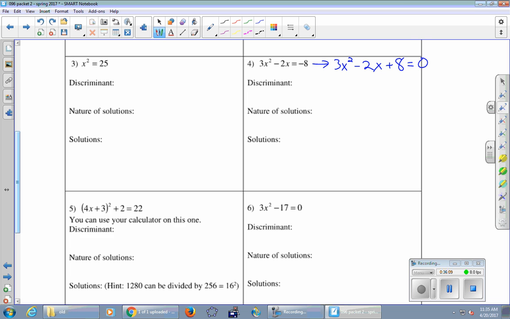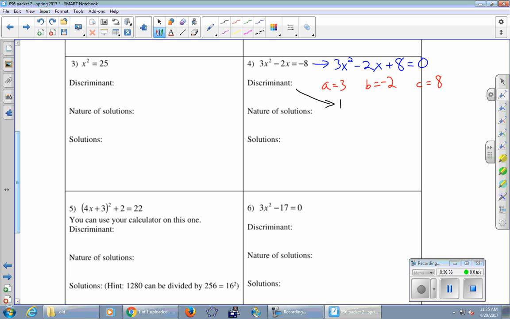Okay, so let's do our discriminant. You don't need to write this step for me, but if it helps you, write out the values of A, B, and C. Okay, so let's do our discriminant calculation right here.